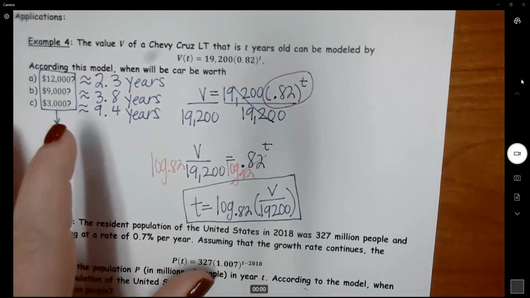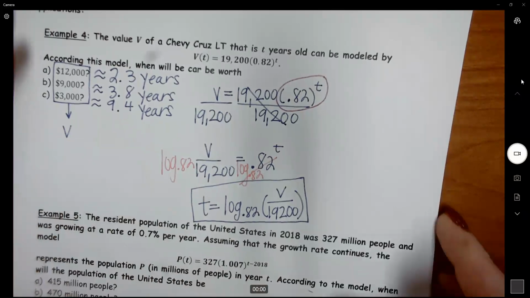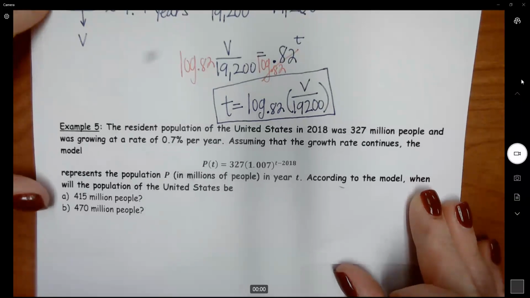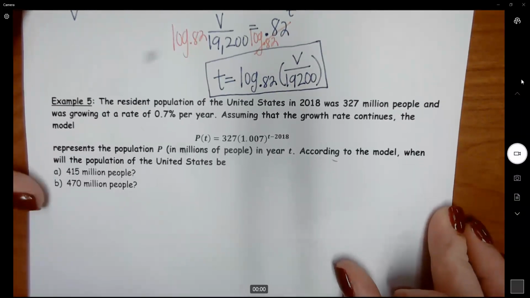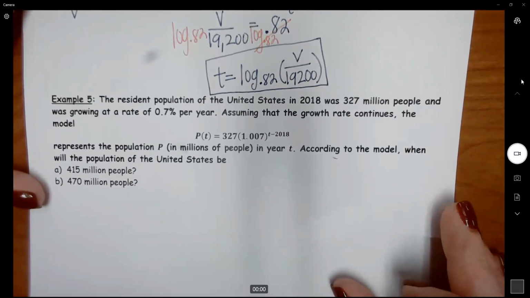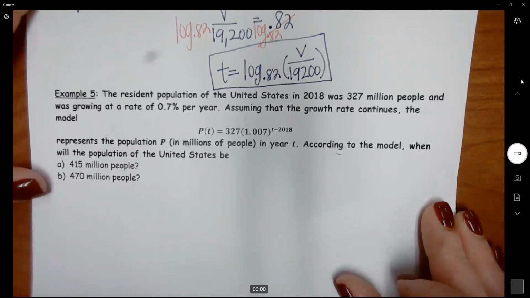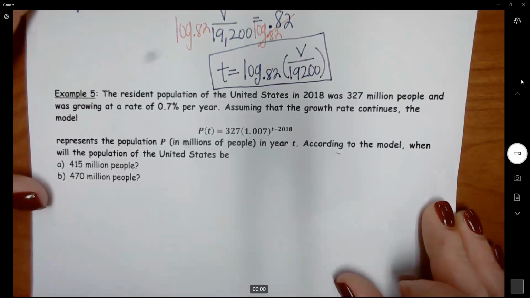But we're not scared because we have a great teacher who has guided us. Example 5. The resident population of the United States in 2018 was 327 million people and was growing at a rate of 0.7% per year.